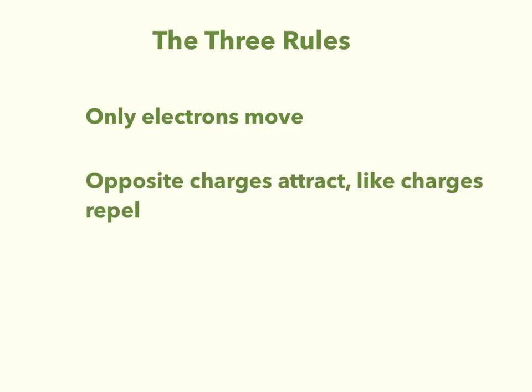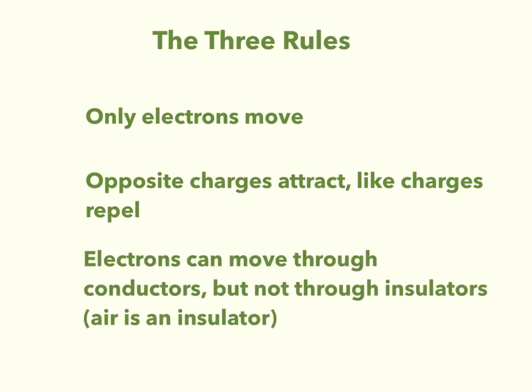Second rule is opposite charges attract, like charges repel. And the third rule is that electrons can move through conductors, but they can't go through insulators. And remember also that air is an insulator. So when you come into class, you'll be ready for the electroscope lab.